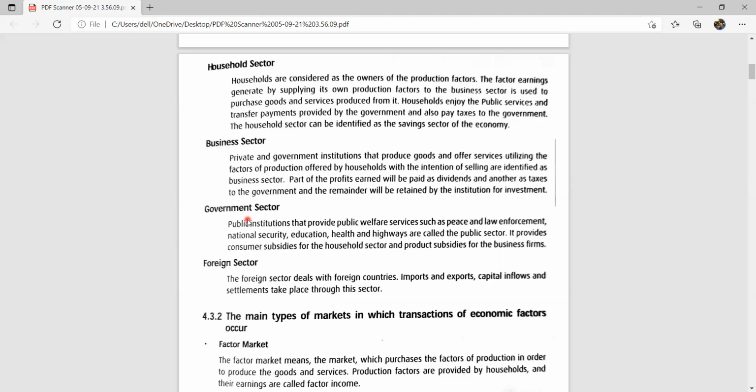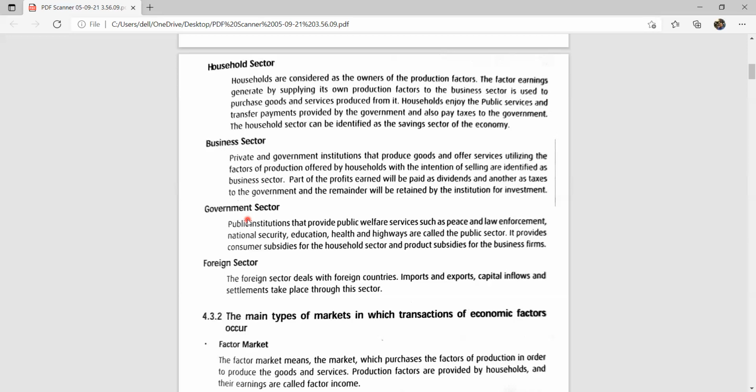Then a particular amount is spent on construction in the economy, infrastructure development, education, healthcare, and many more services. All these services are rendered by the government for the welfare of consumers.